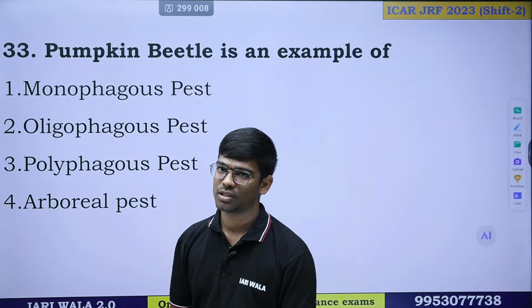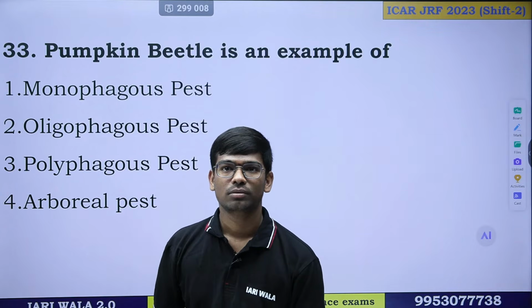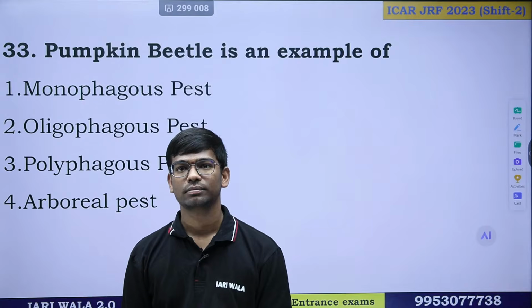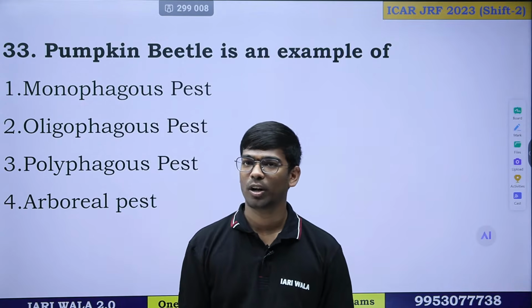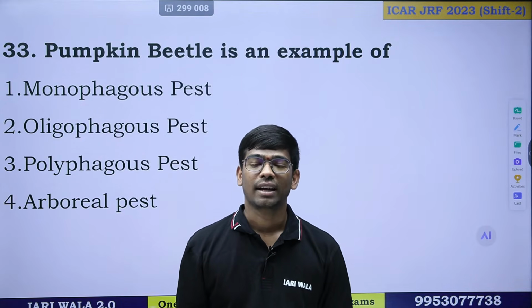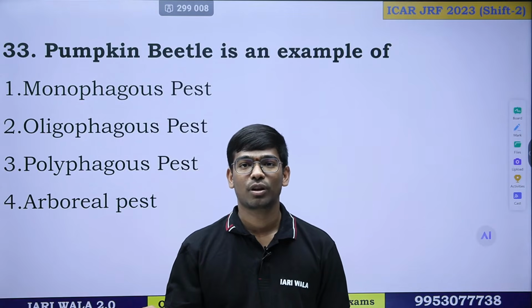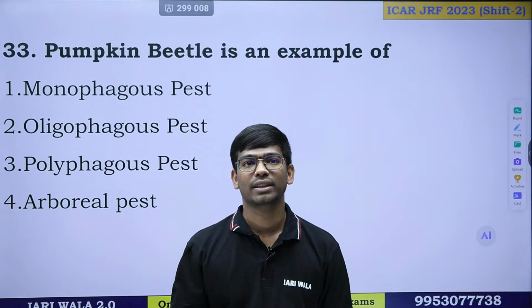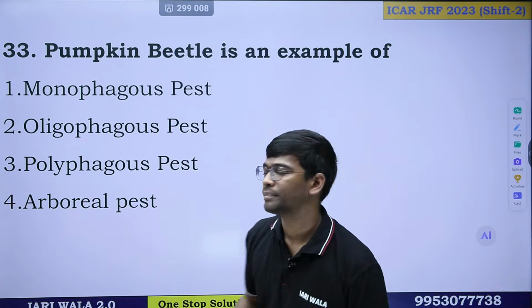It will attack the rest of the cucurbits too. Pumpkin beetle is not a monophagous pest. It attacks the other members of the cucurbit family apart from pumpkin, so it is an oligophagous pest.